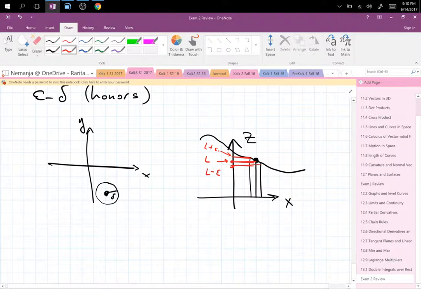How can epsilon be the same distance from the surface? It's not. You can pick epsilon to be anything, any value. It doesn't have to be. I'm just confused.